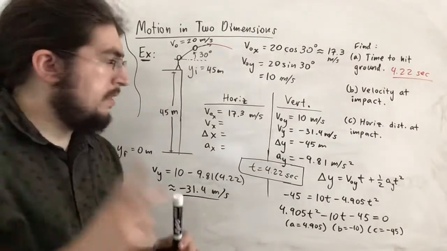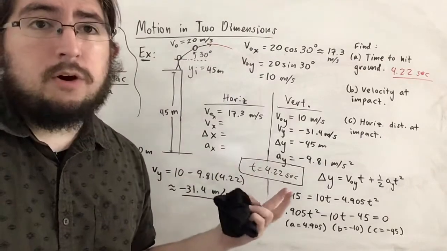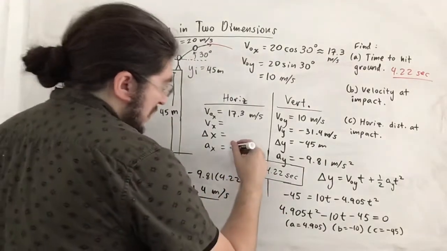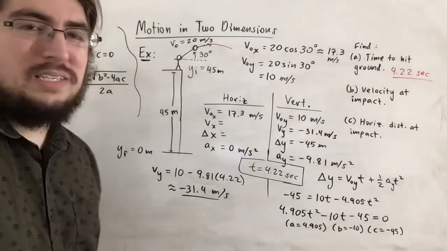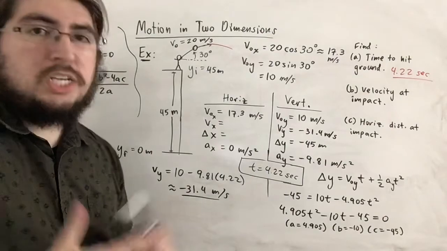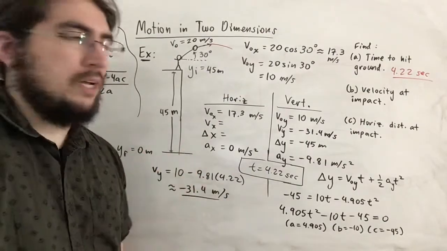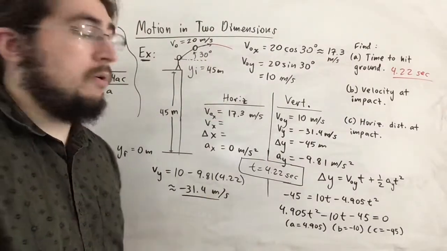And in fact, notice I kind of skipped mentioning what AX is. What I mentioned earlier, AX is usually 0. I don't know if anyone actually said it with me, but that's okay. And it's usually 0 because there's no additional acceleration unless you consider wind or something crazy, or if the ball had thrusters on it, for instance. But after the initial throw, it's just on its own, basically.